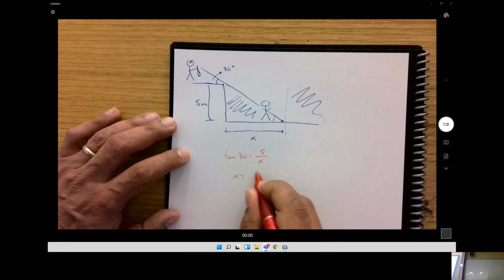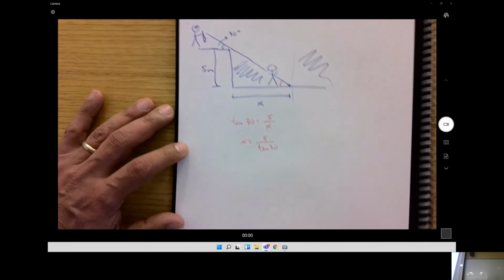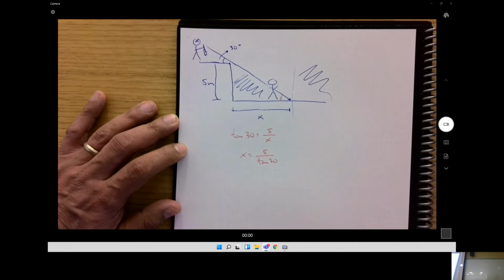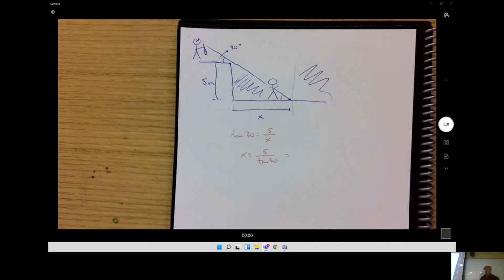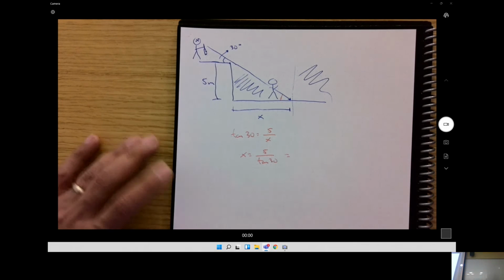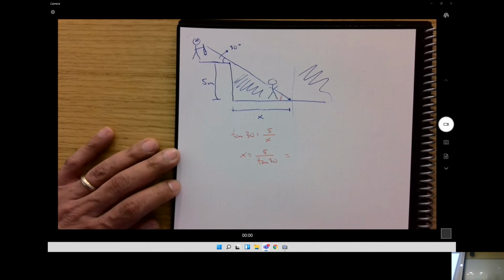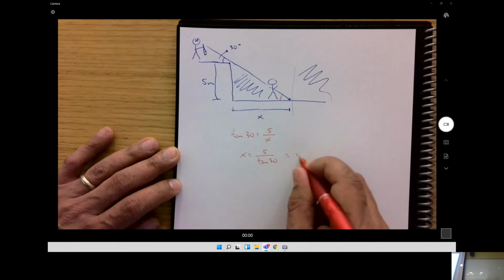So x will be 5 over tangent of 30. If you can help me really quick with that calculation. 8.66.